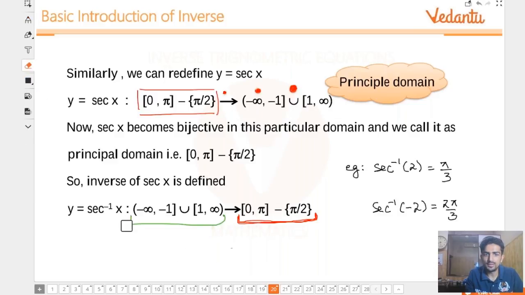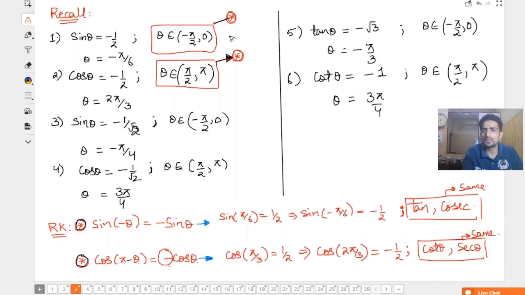So something we learned here, no? This is very important. Believe me, it is very important. That is why I have made you remember these values in this way. Because for sine, tan, cosecant, my principal domain will be such that I find negative values in pi by 2 to pi.